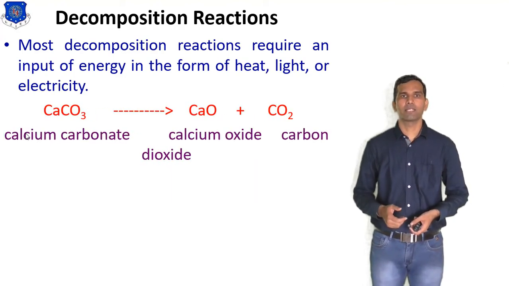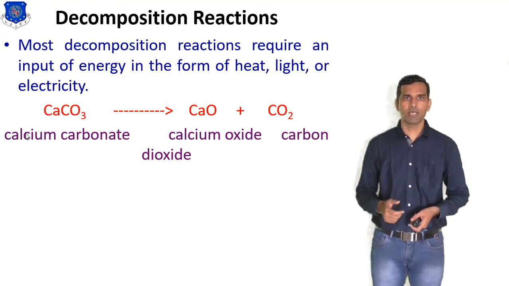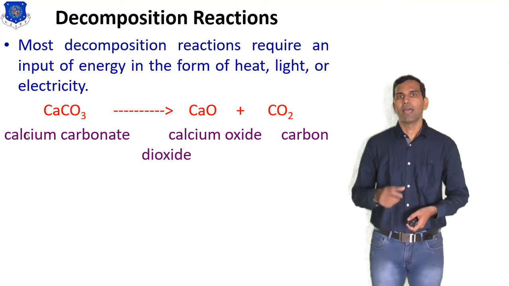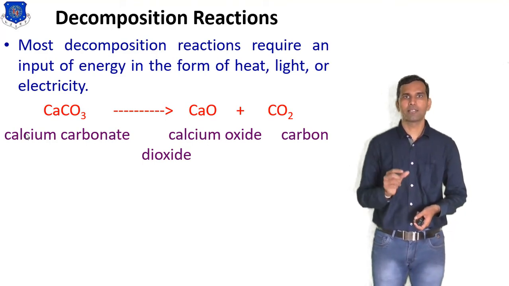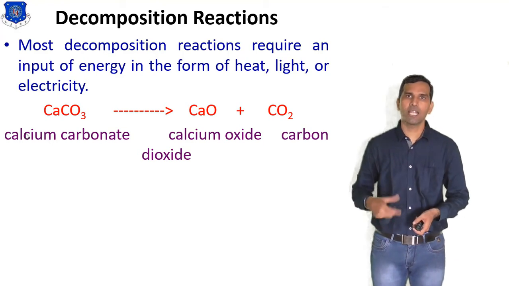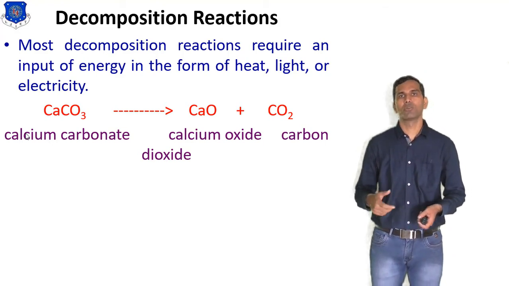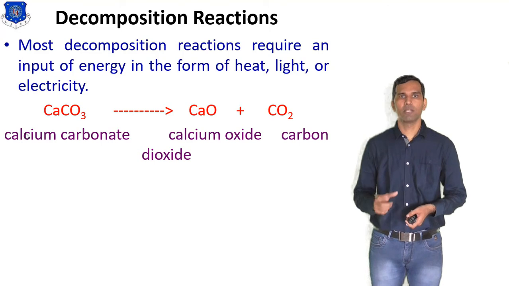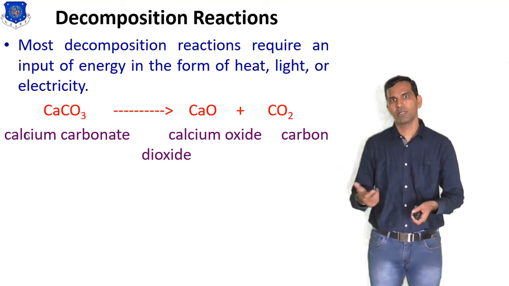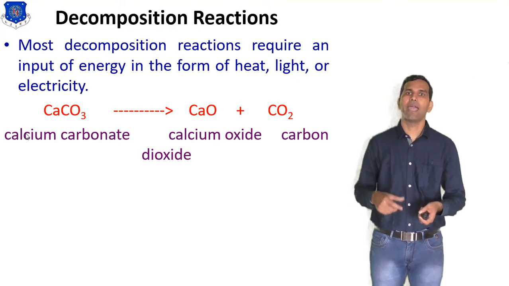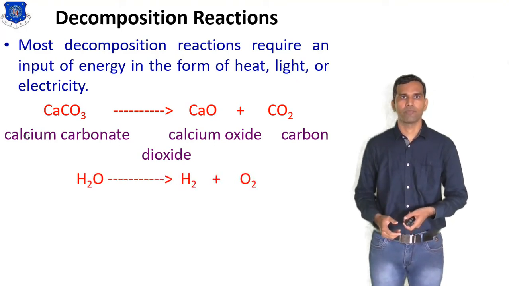Here we take the example: CaCO3, that means calcium carbonate, gives the individual substances CaO, calcium oxide, plus CO2, carbon dioxide. That means calcium carbonate is one compound and we get two substances, calcium oxide and carbon dioxide.